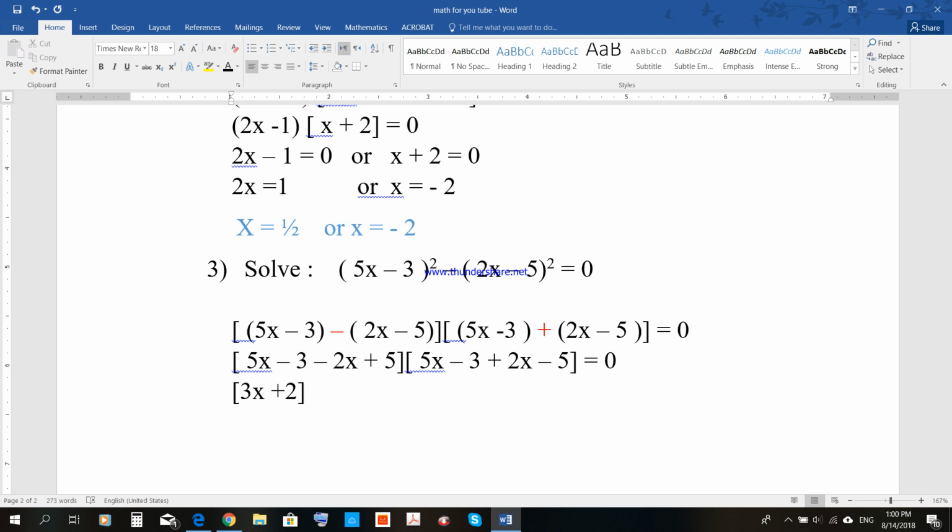In the second bracket, we have 5x plus 2x.